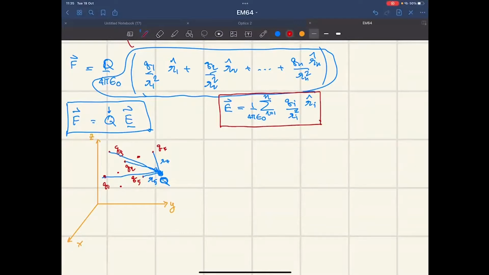This is the electric field of point charges. All these small q's here are our sources.